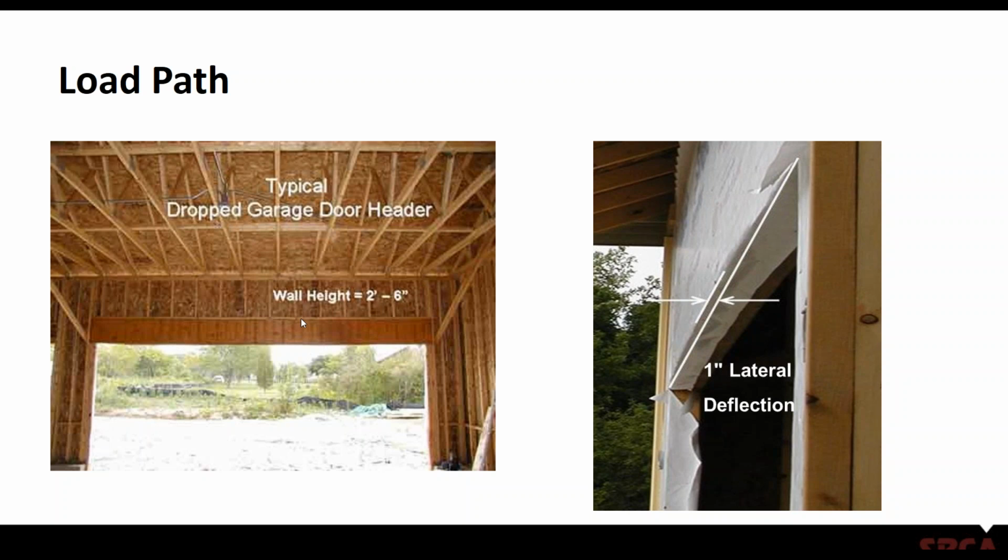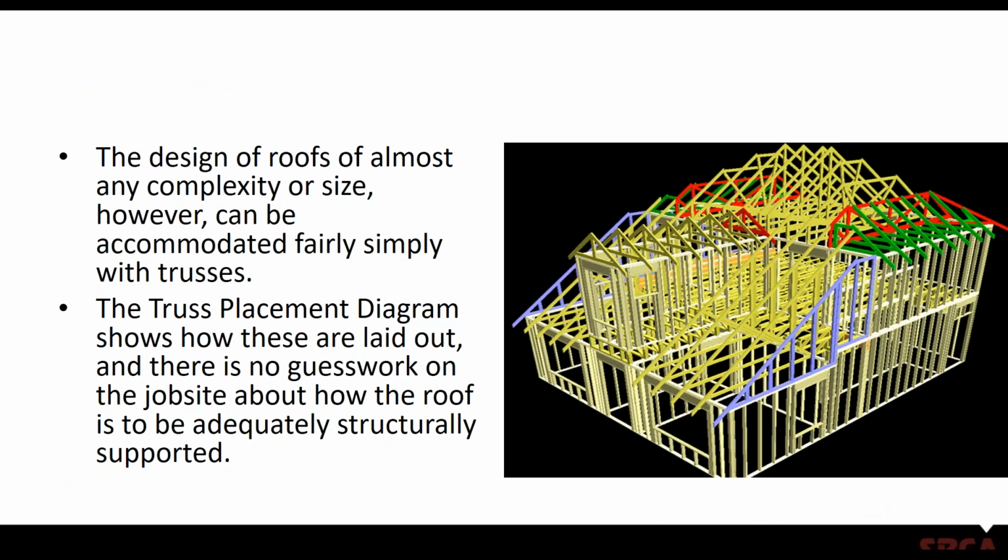And to fully load that beam, that knee wall or cripple wall may not be adequate enough to resist that beam from wanting to buckle. And that's what you're seeing here with that 1-inch lateral deflection. So again, providing proper restraint and bracing for the various planes, just like with trusses, is very critical.